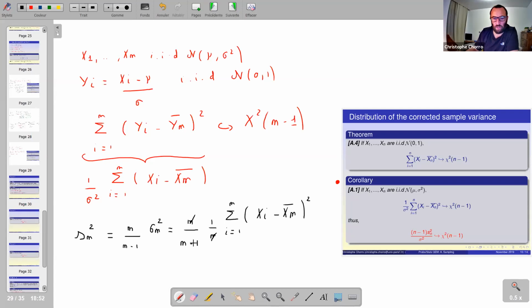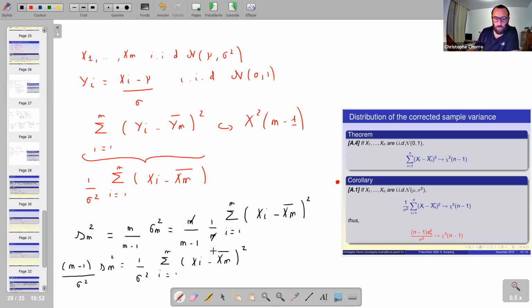And so I see that if I multiply the corrected sample variance by n minus 1, and if I divide it by sigma squared, the n minus 1 simplifies here, and I obtain 1 over sigma squared times the sum from i equal to 1 to n of (Xi minus Xn overline) squared.